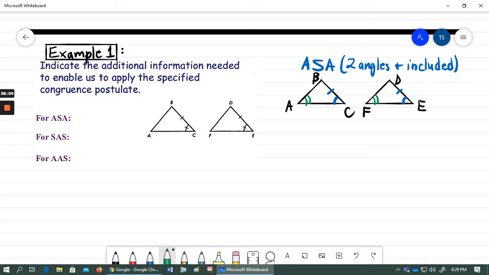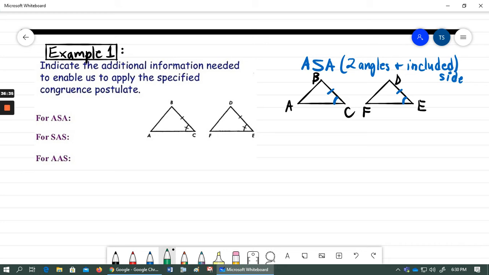If you tried to say that this angle would be congruent in those two triangles, that wouldn't give us an included side. So it would definitely not be those two angles that I have marked in green.